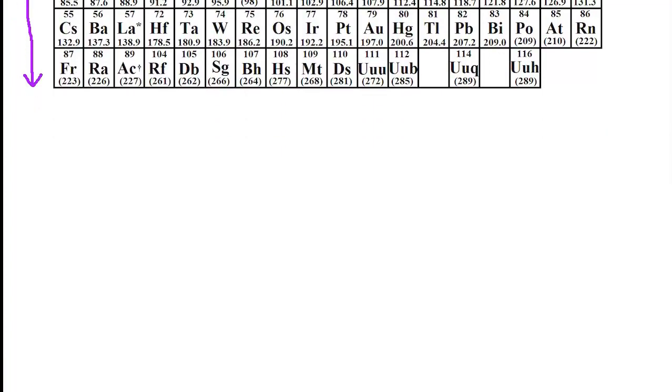Hydrogen, and this is going to vary from chart to chart, but if you look up hydrogen, it's going to have an electronegativity value of about 2.1. Okay, carbon is going to have an electronegativity value of around 2.5. And then let's say fluorine. Fluorine is going to have an electronegativity value of about 4.0.